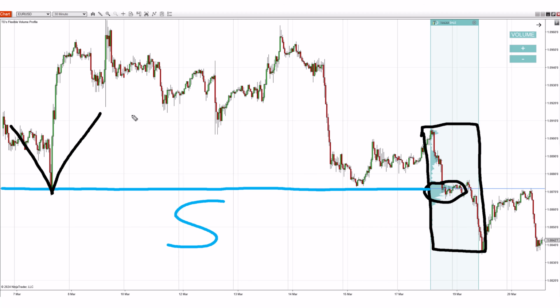So there was this sharp reaction and also this one in here. So there were those two reactions telling me that this was a support. Then the sellers pushed through that support with all those volumes you can see here in that volume cluster. You wait for a pullback, and because this support turned into a resistance, you go short.